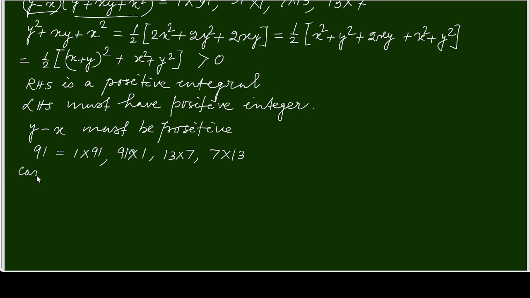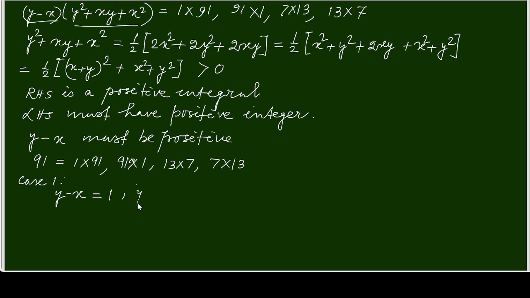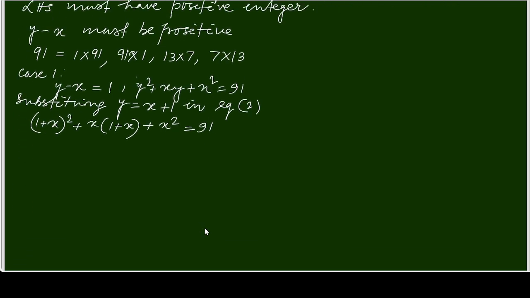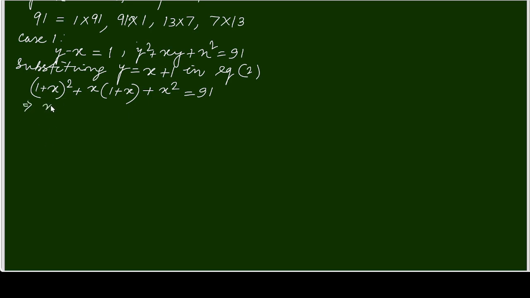Case 1. When y minus x equals 1 and y squared plus xy plus x squared equals 91, substituting y equals x plus 1 in equation 2, we get (1 plus x) whole squared plus x times (1 plus x) plus x squared equals 91.